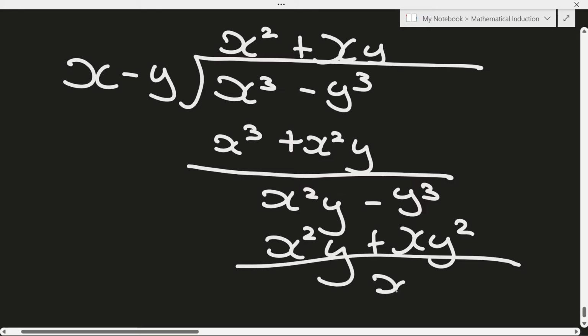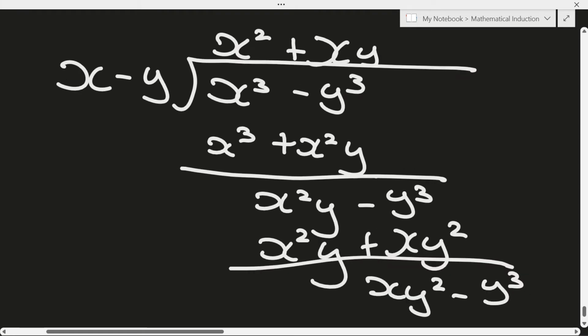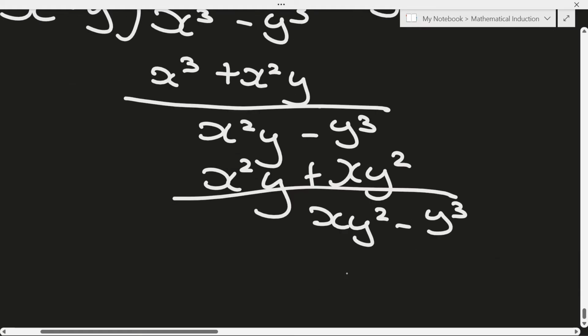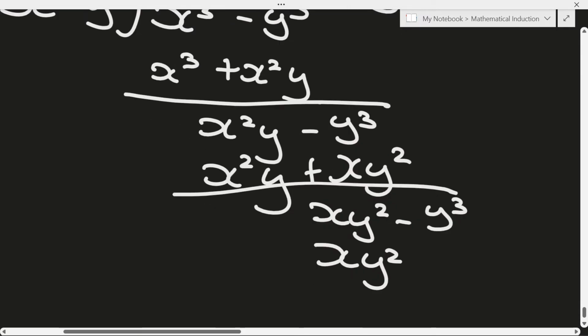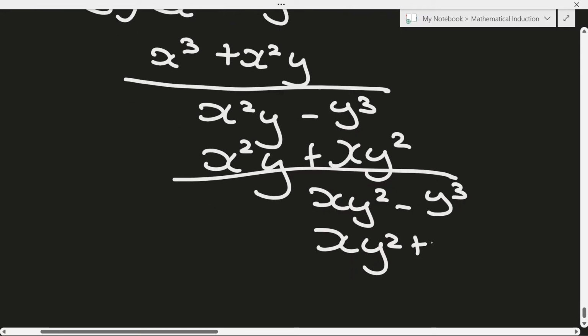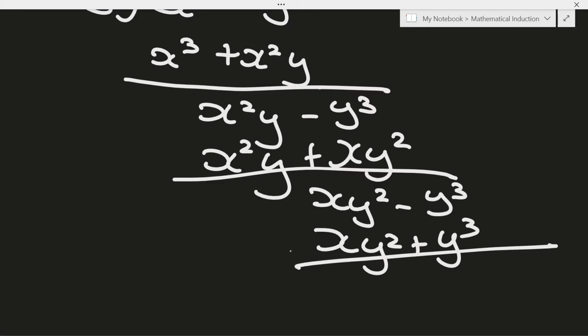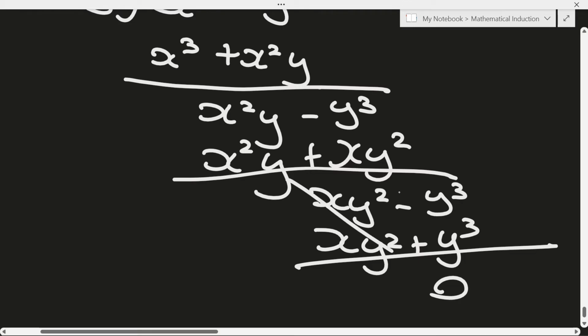Give us xy squared minus y cubed, which is equal to plus y squared, which gives us xy squared minus y times y squared is positive y cubed. Minus y times y squared isn't positive y cubed, but this is what it will be because we're changing the signs. 0, boom, boom.